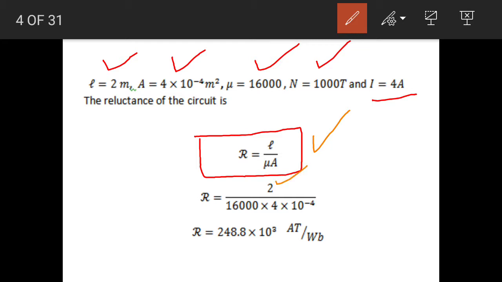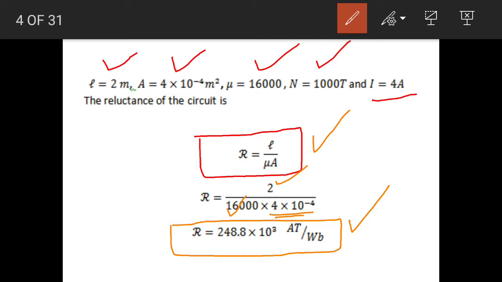The permeability of this material is 16,000, and the cross-sectional area is 4 into 10 raised to power minus 4. If we simplify this equation, we get the reluctance of the magnetic material of this simple magnetic circuit, which is 248.8 into 10 raised to power 3, and the unit of the reluctance is ampere turns per Weber.